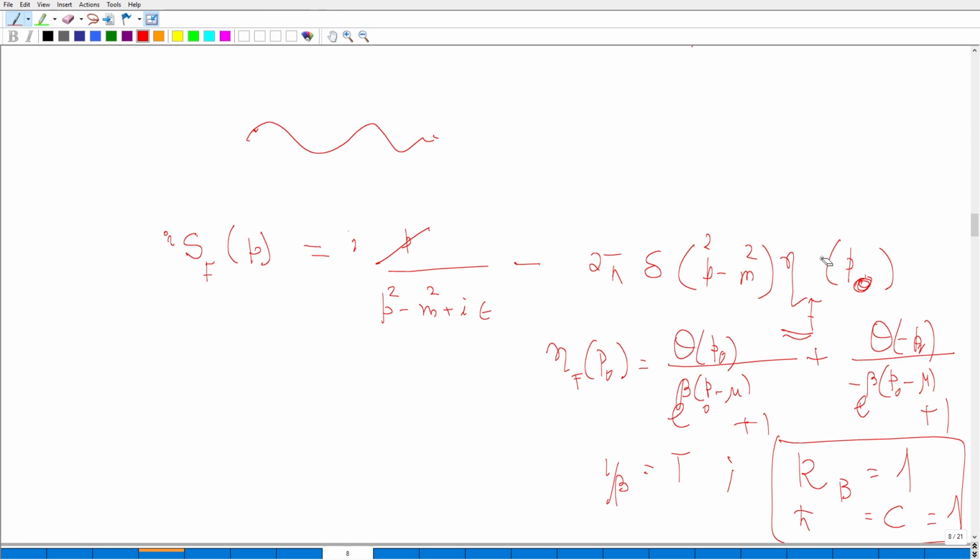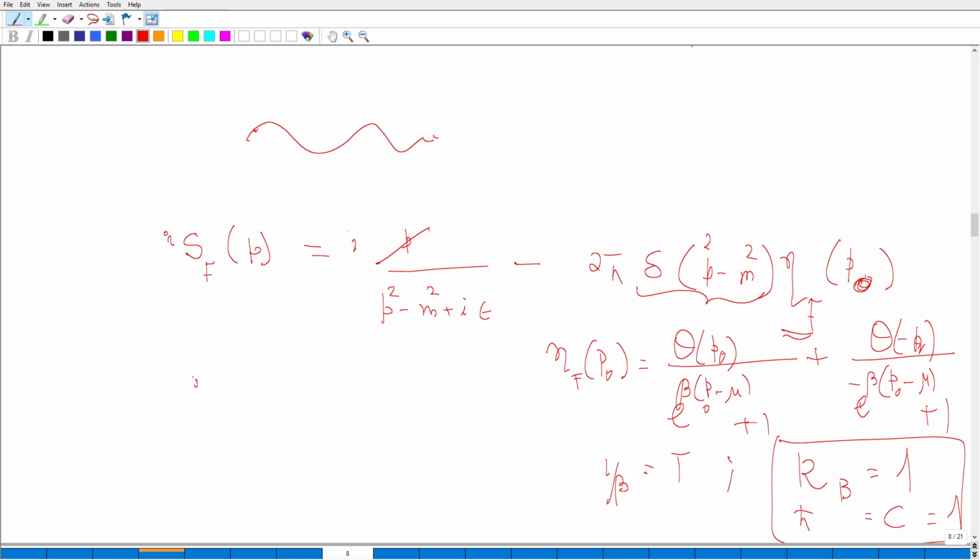Not just that, it also throws up another issue, which is the appearance of a constraint delta of p square minus m square, which tells us that the particle is always moving on shell.